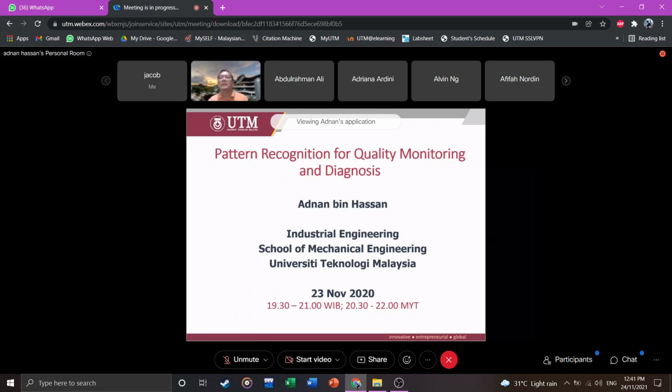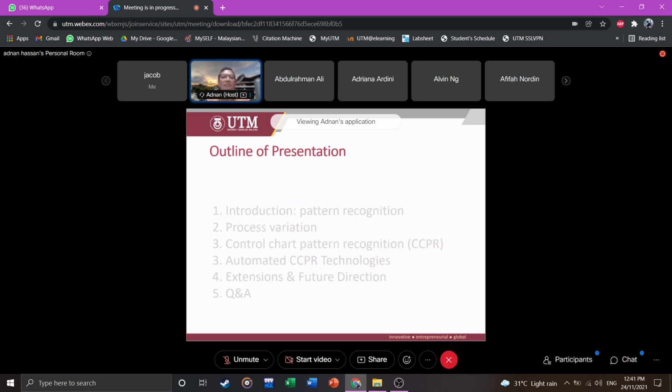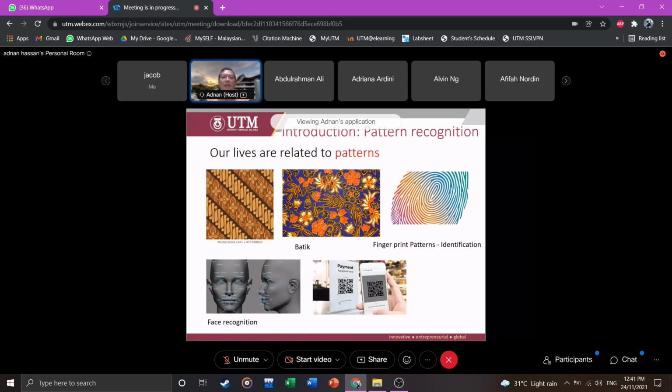What do you see? Pattern recognition. Okay, so pattern recognition is one of the technology for artificial intelligence. Okay, we use artificial intelligence for pattern recognition, for quality monitoring and diagnosis. Okay, so let me explain to you about pattern recognition before we go to how that pattern in control chart.